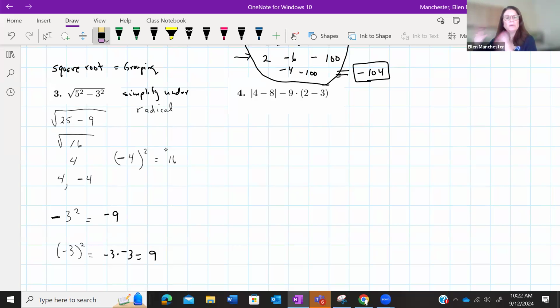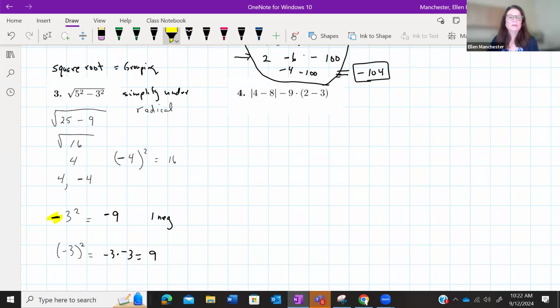So be real careful when you're doing negatives, especially with an even exponent. You have to know, is there parentheses? Am I using that negative or am I not? So the idea is this one, I have one negative.